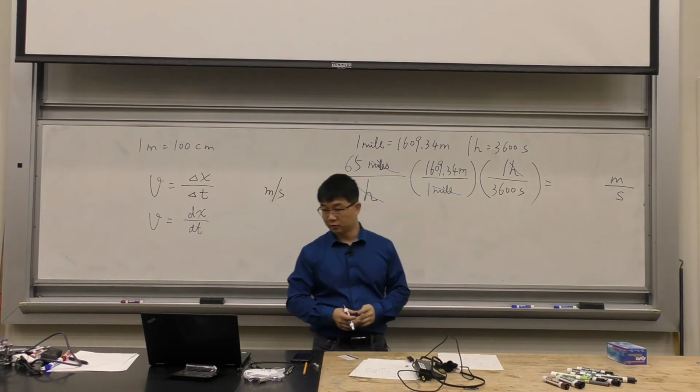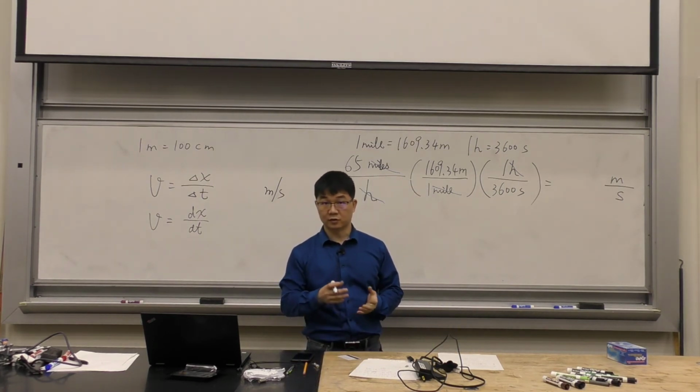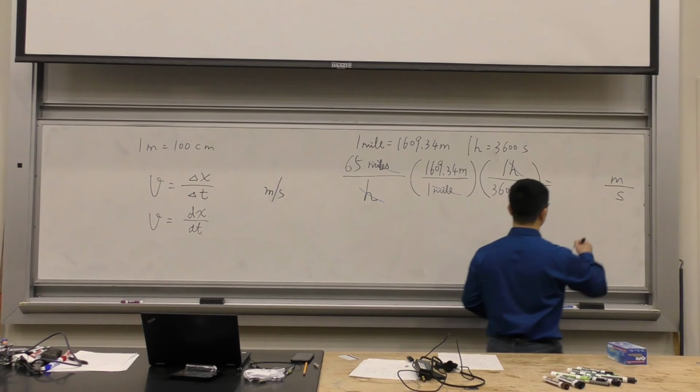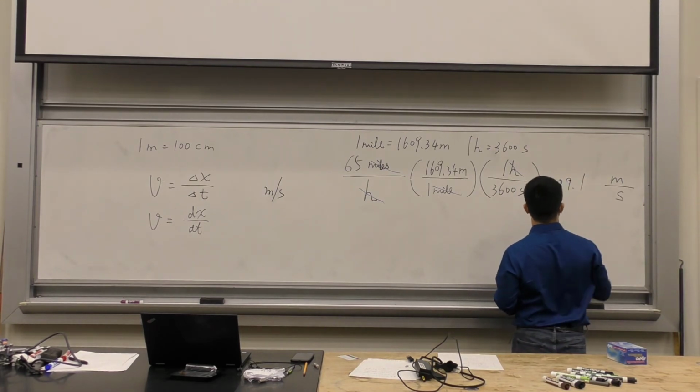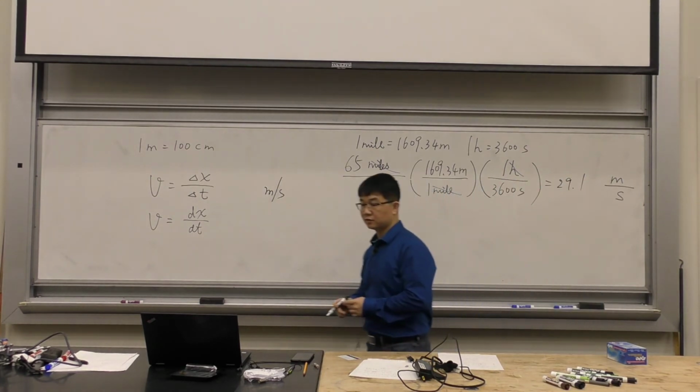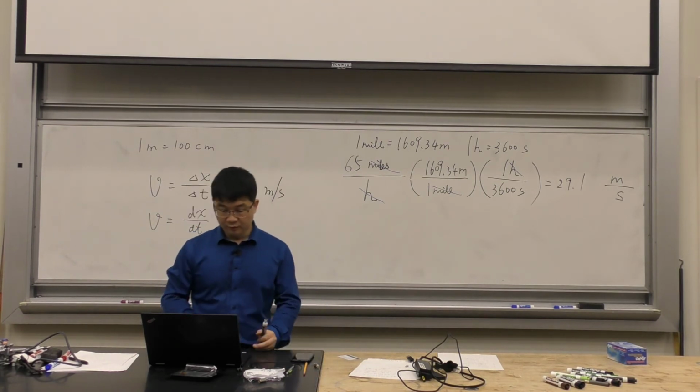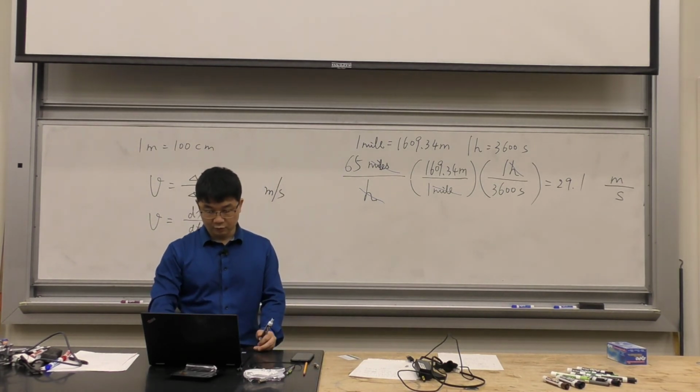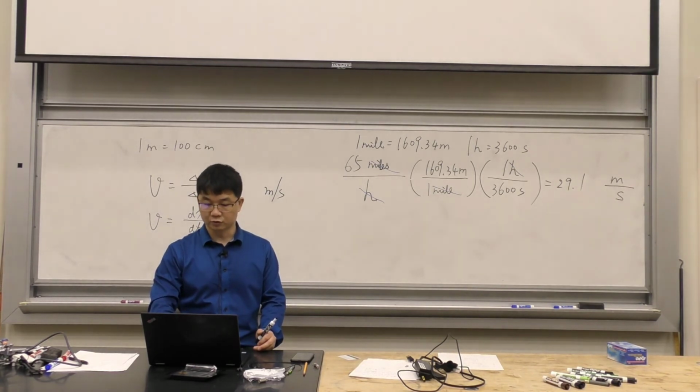And if you do the algebra, the answer I got is 29.1 meters per second, right? Okay, so that's how we convert miles per hour to meters per second, if we know the conversions between miles and meters, hours and seconds, right?